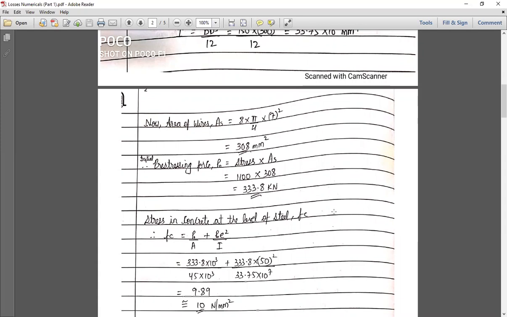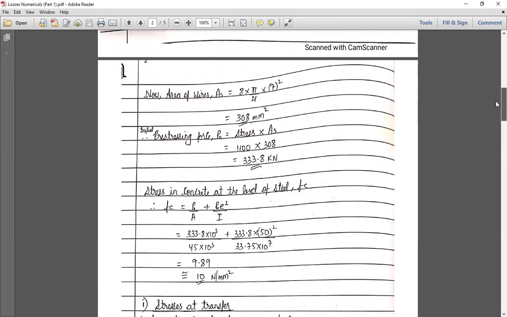Here P is nothing but the force. The force we have calculated, the area also we have calculated, and the moment of inertia and eccentricity at the beginning we have calculated. With this, you will get the value of stress in concrete at the level of steel.